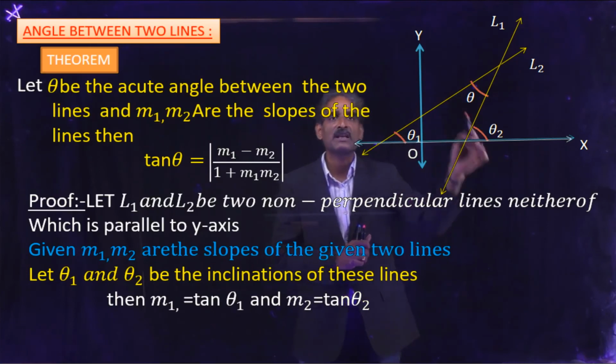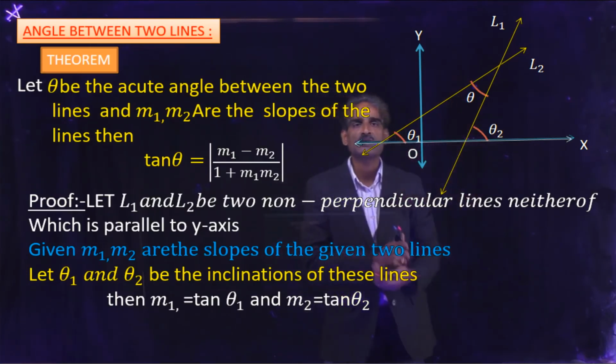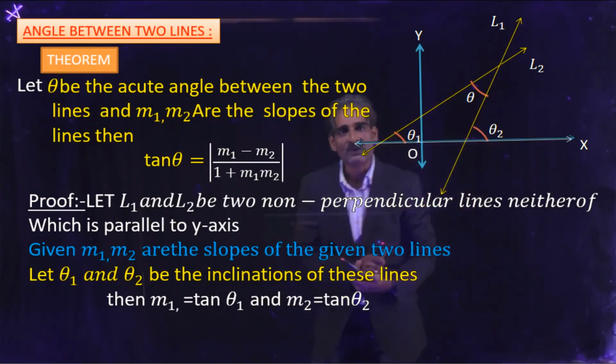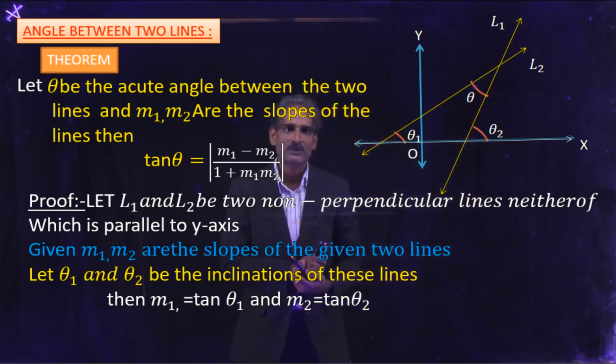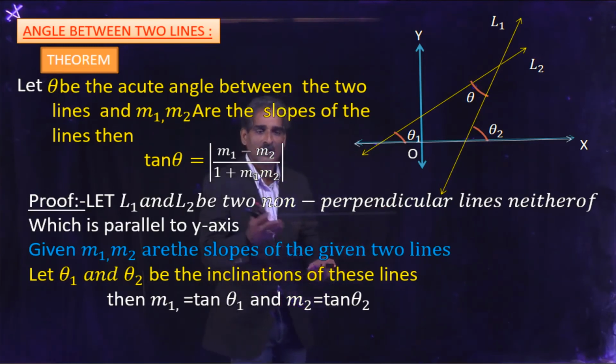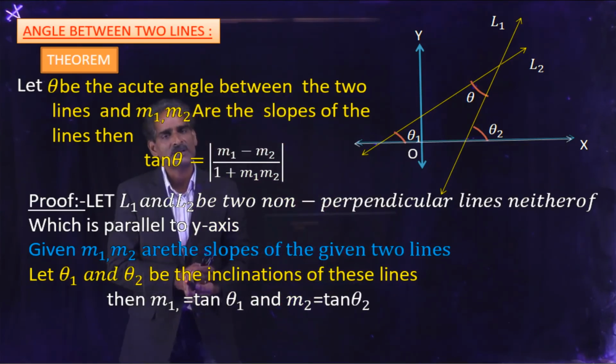The sum of the internal angles is equal to the external angle. Therefore, theta 1 plus theta is equal to theta 2. From that we can find the theta value. After that, by applying tan theta, we will get the relation of tan theta in terms of tan theta 1 and tan theta 2. Tan theta 1 equals M1 and tan theta 2 equals M2 already. So substitute there and we will get a formula for tan theta.